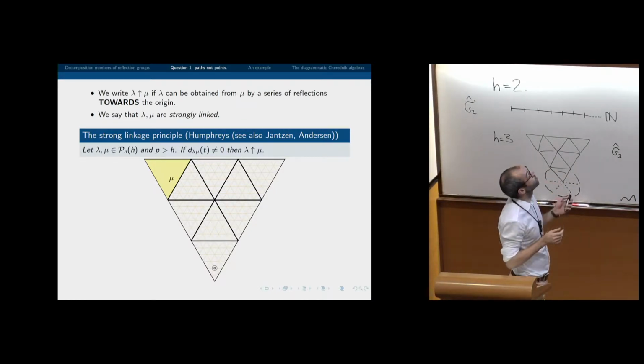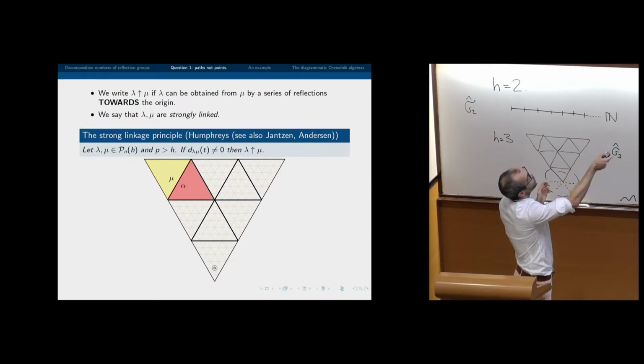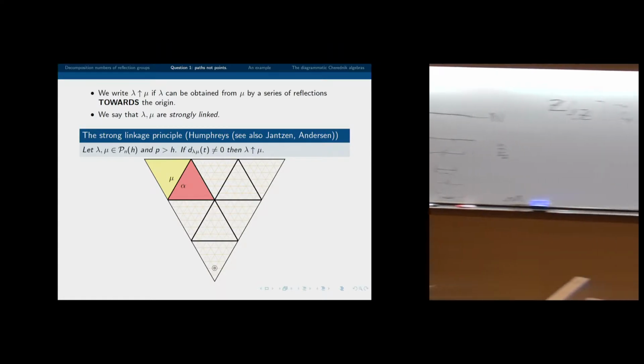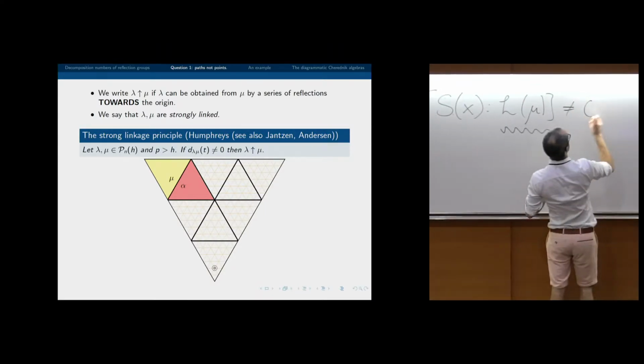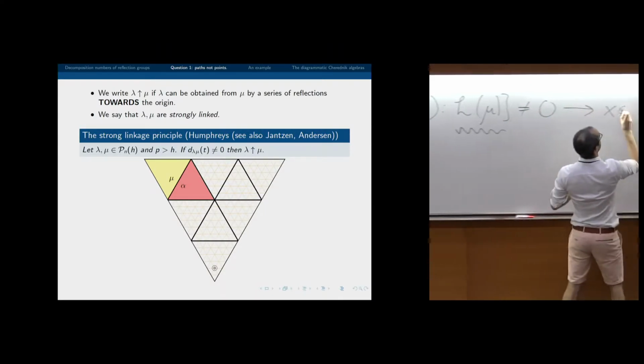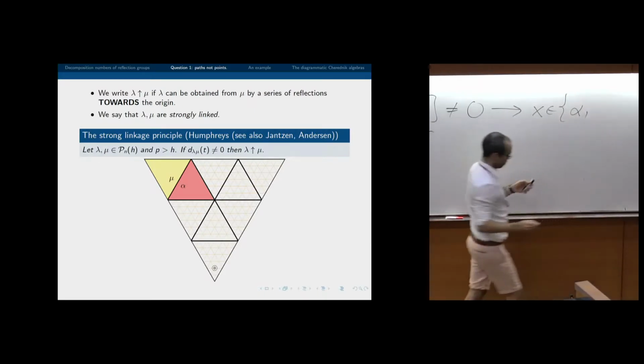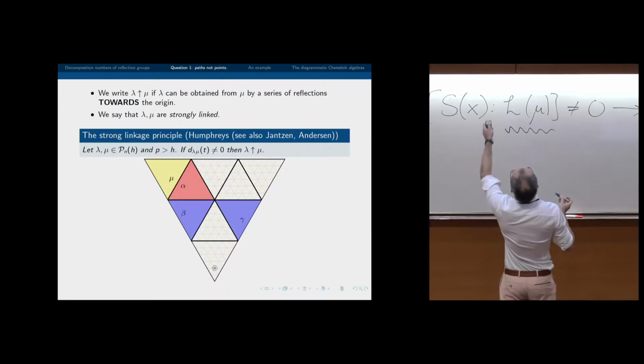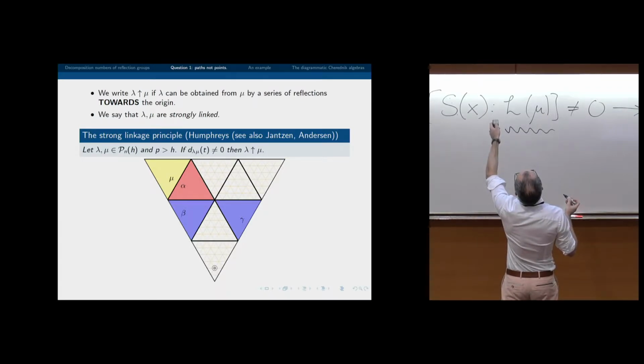Now this only works if I reflect to get mu closer to the origin. So alpha is obtained by reflecting through this wall here. And clearly alpha is closer to the origin than mu. So if the decomposition number is not equal to 0, it implies x is in the set alpha. Or it could also be in beta or gamma. So I've reflected through this wall to get alpha, and I can reflect alpha through that wall to get beta.